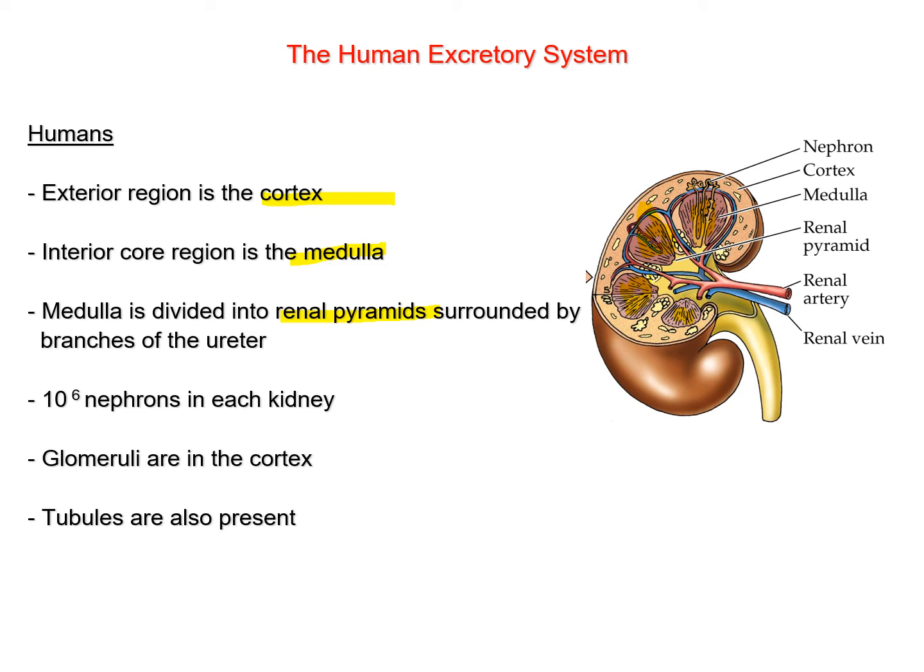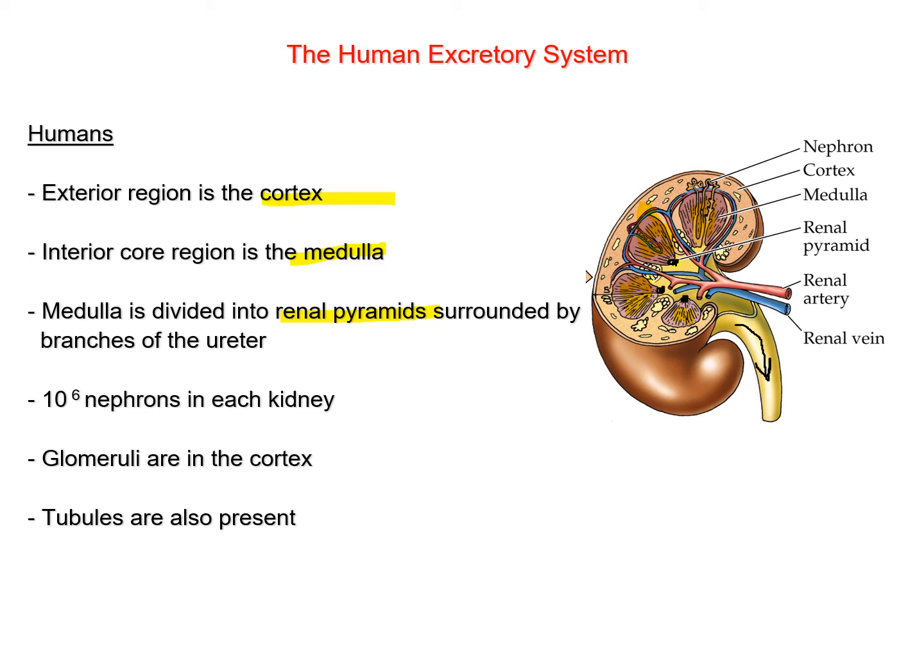Let me point it out to you. The bottom tip of each pyramid is where the urine goes into the collecting system that leads to the ureter that heads down to the bladder.